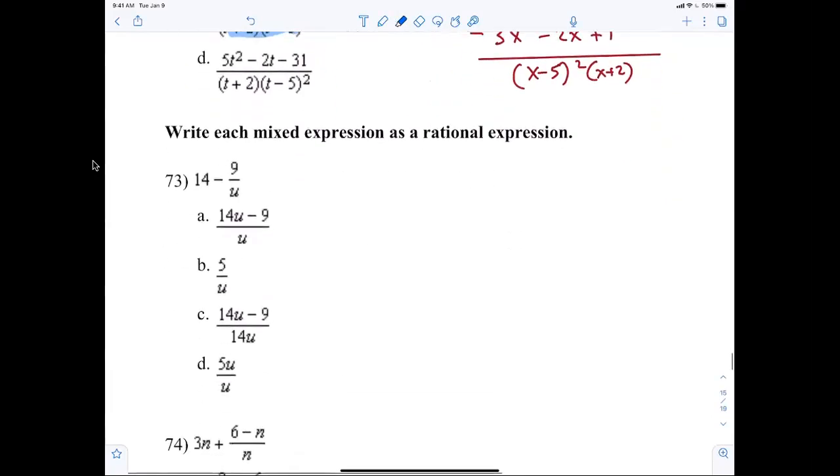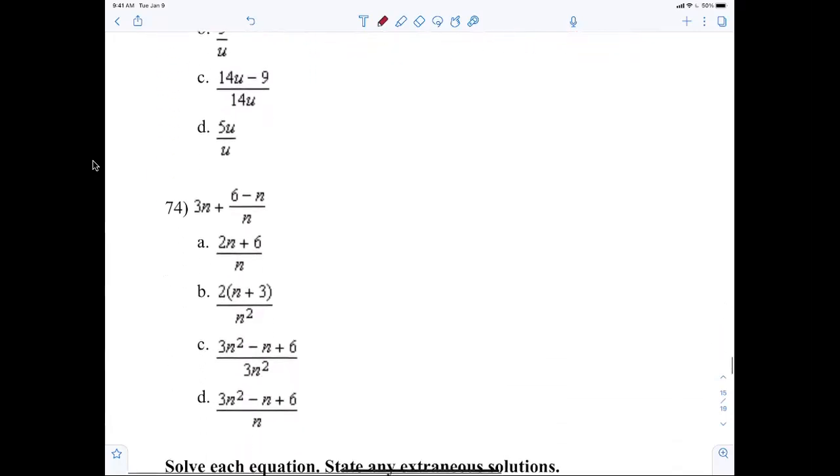All right, now this one's back to easy again. This is 14 over 1, right? Yeah. So the common denominator is just u, right? Almost. So it's 14u minus 9 over u. Perfect. 74 is the same. This is over 1. 3n squared minus n plus 14.